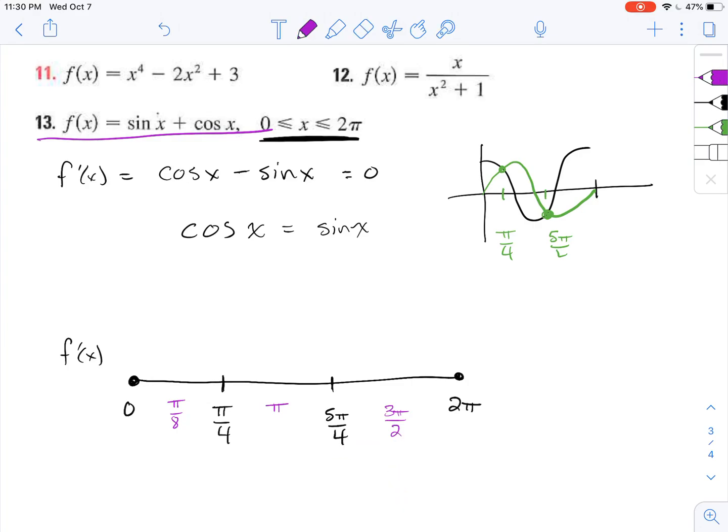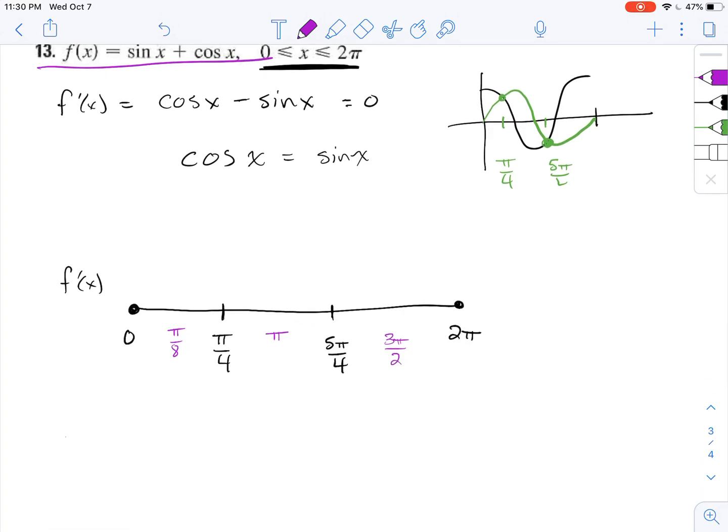All right, so let's plug these in. If we do f prime of pi over 8, I get cosine of pi over 8 minus sine pi over 8. And I'm going to just stick that into my calculator.